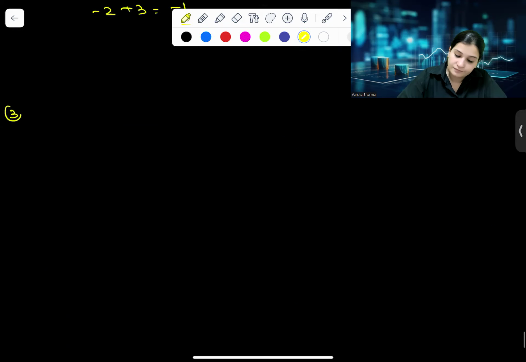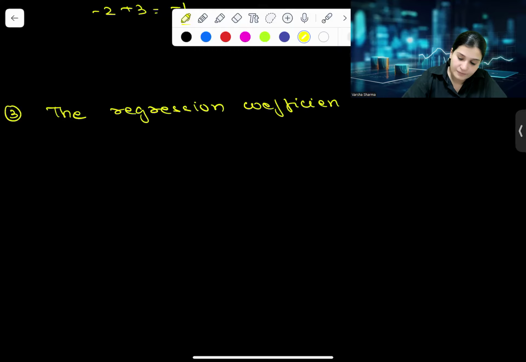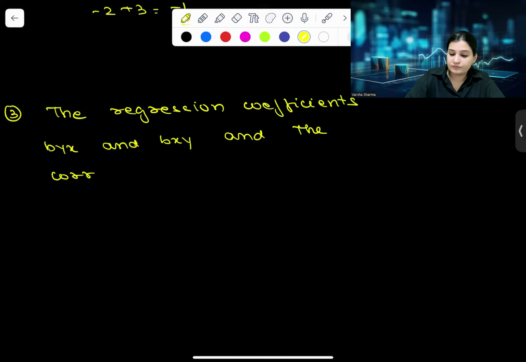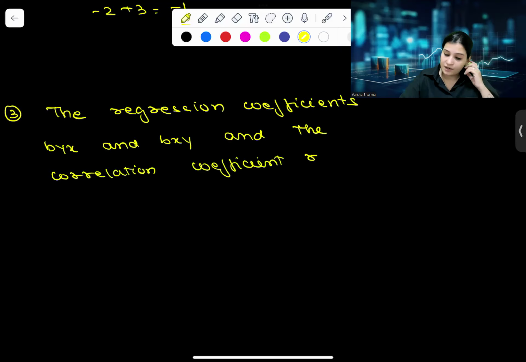Third property. The regression coefficients byx and bxy and the correlation coefficient are all of the same sign.